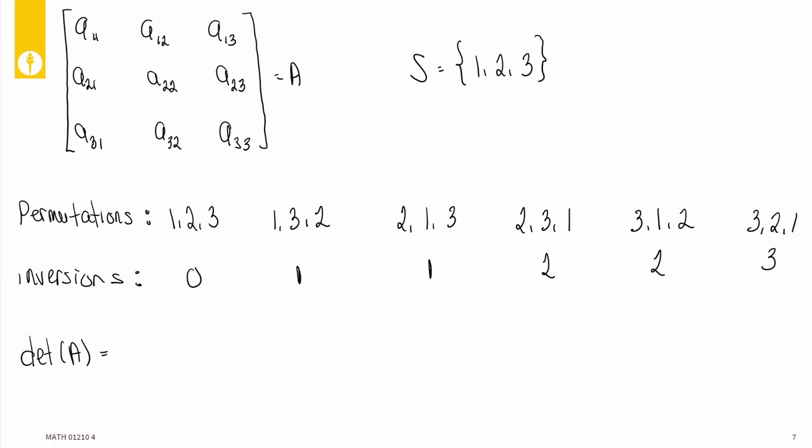Determinant of A. Does the order of multiplication matter? Or does the order of addition matter? When you sum, it doesn't matter the order, right? So why don't we do all of the even inversions first? Keep all the positives up front, and then do all the odds last, because those will all be minuses.